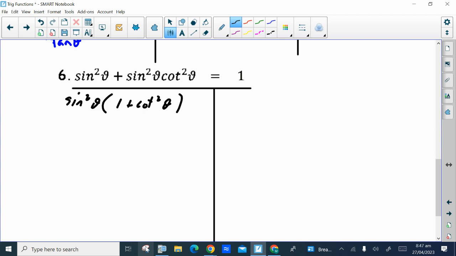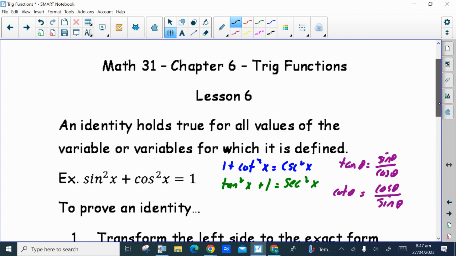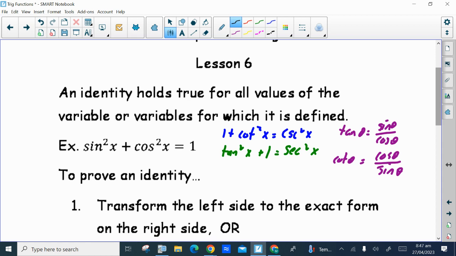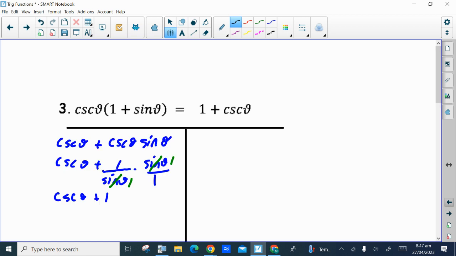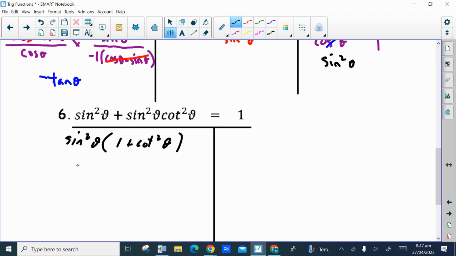And if we look at our Pythagorean identities, 1 plus cotan squared is cosecant squared. That's this one in blue here. 1 plus cotan squared is cosecant squared. So it'll be sine squared theta times cosecant squared theta.